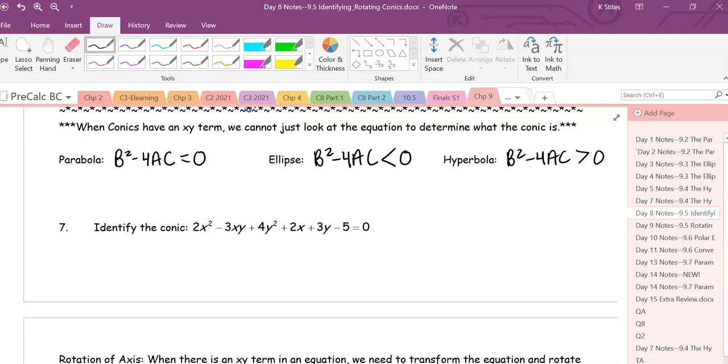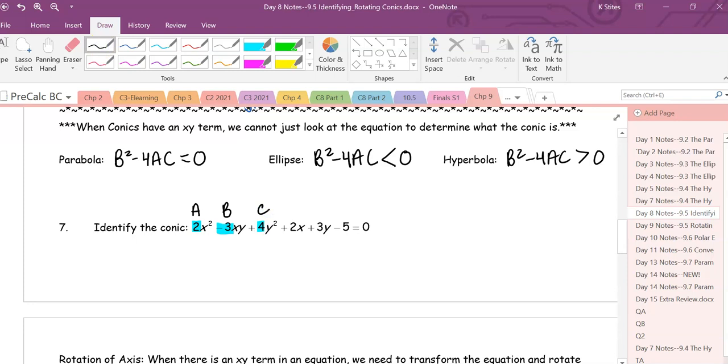So here's what you would do. Your a term is what's with x squared. Your b is what's with your xy. And your c is what's with your y squared. Notice they might not be in this order.